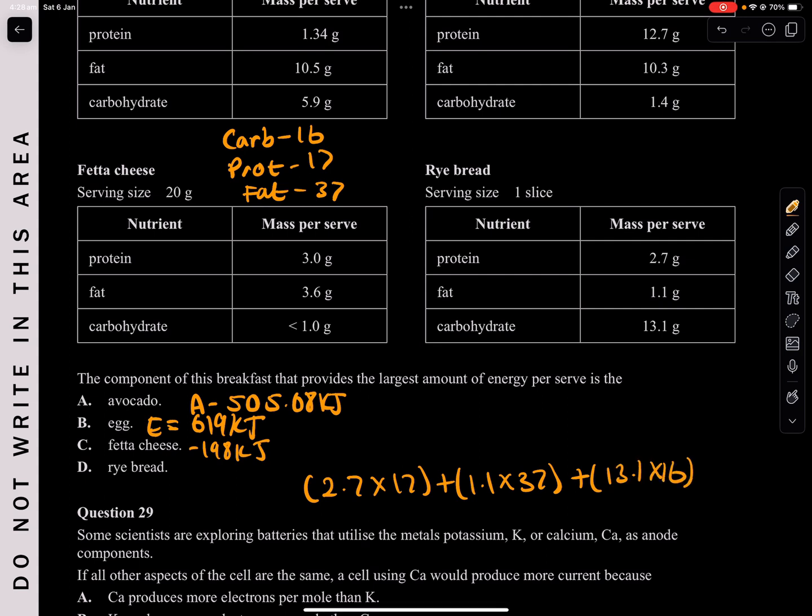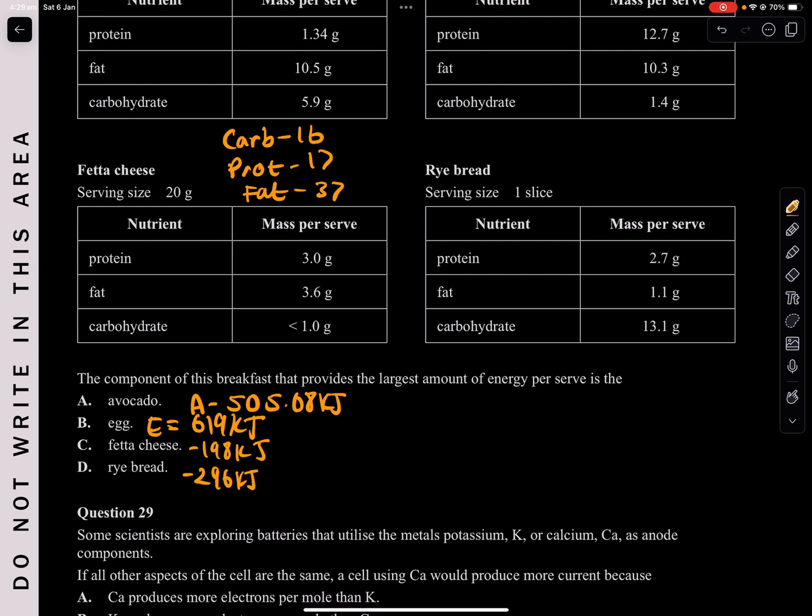Let's see what that is. Times 16. And that's going to give me 296. All right. 296 kilojoules.